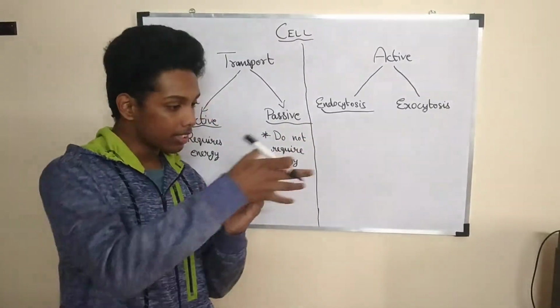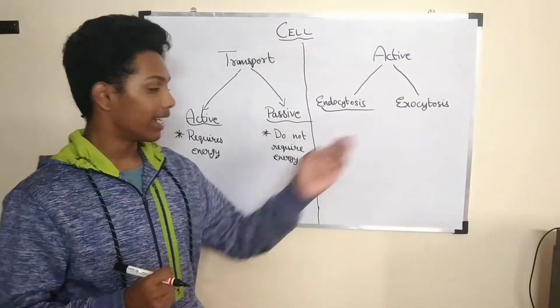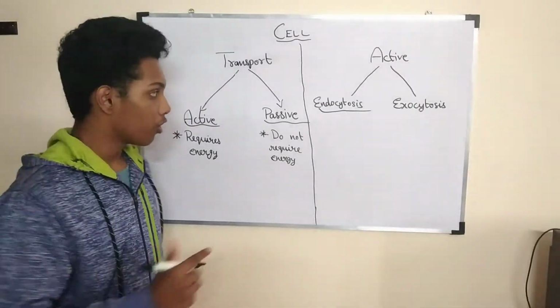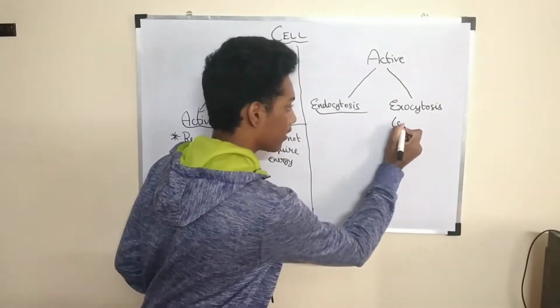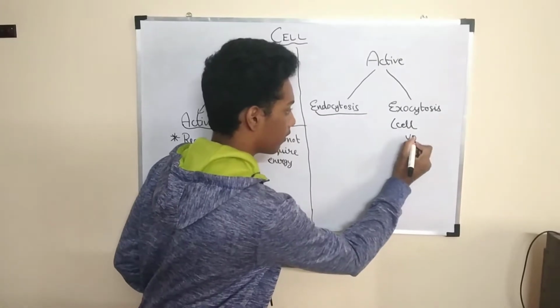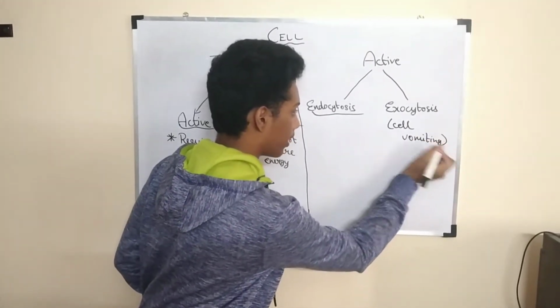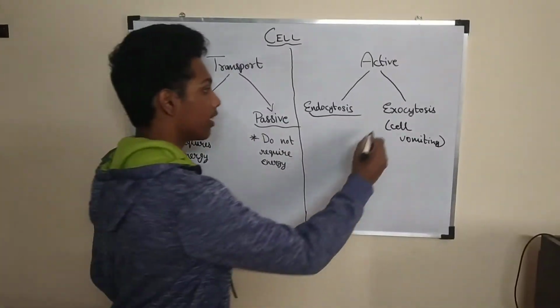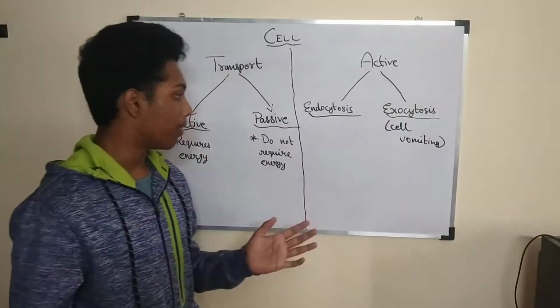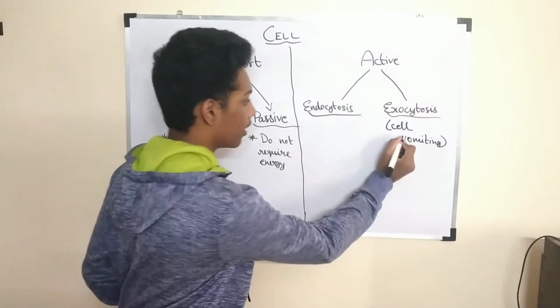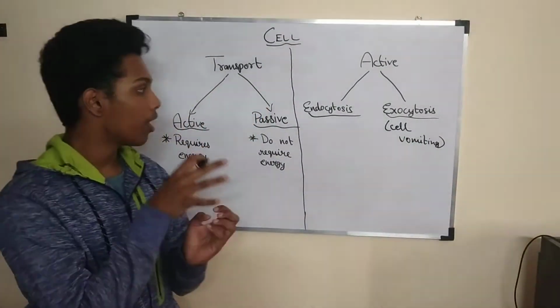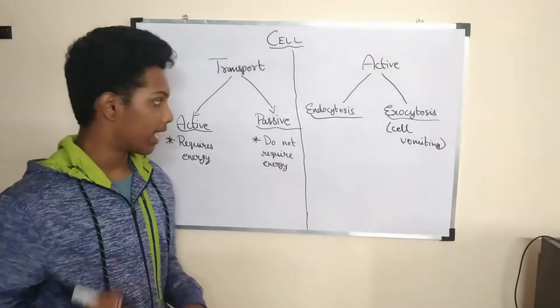If endocytosis is taking in a food particle, then exocytosis would be throwing it off, or you can say cell vomiting, right? Cell vomiting. So exocytosis is also called cell vomiting, while endocytosis is the ingestion of particles by an organism.